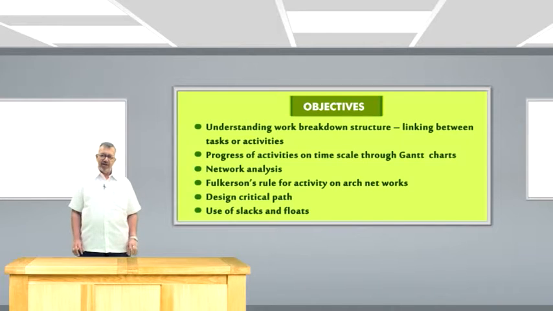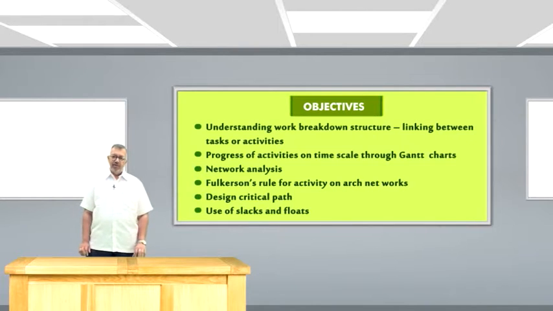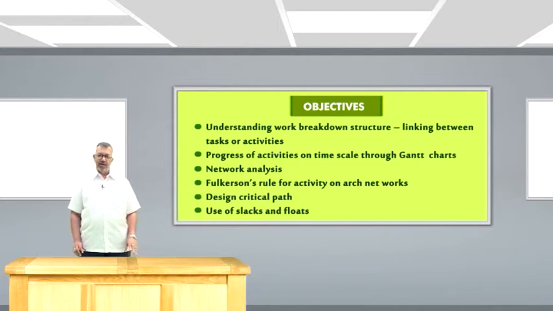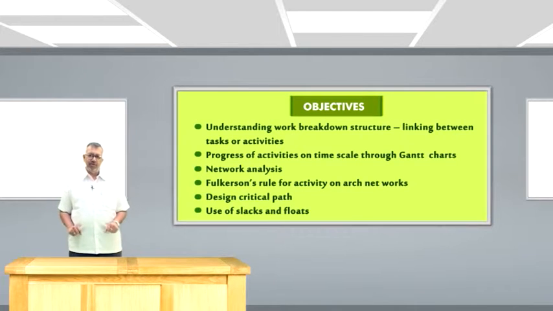Then we will see how we understand the critical path, how we look at it, and what its importance is. Then we will see what the slacks and floats are in these activities, and how we make use of them during the project period.